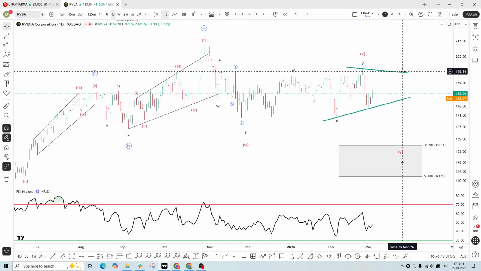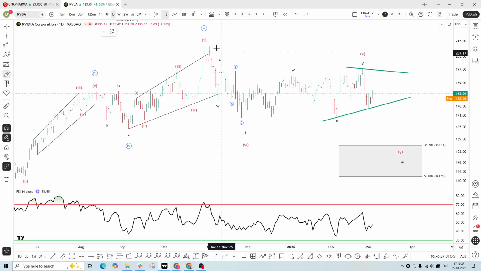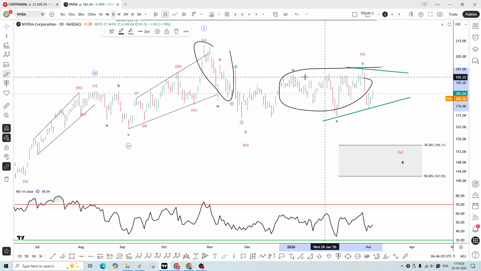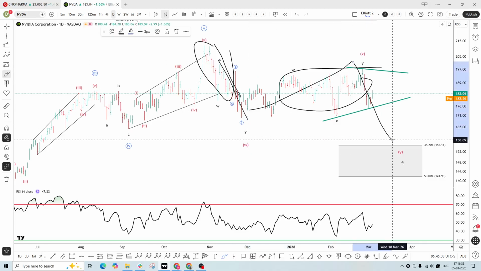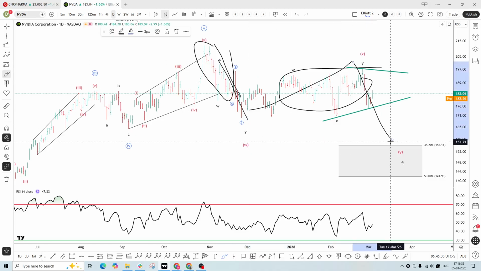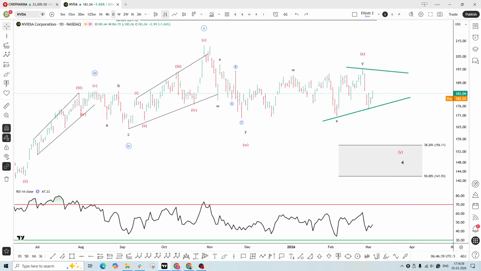So let's see what exactly is going to happen. But overall, the Nvidia structure is looking bearish. This was the major decline, and this was just the correction of this decline. So I am expecting another impulsive decline, and then a zigzag kind of thing in Nvidia.